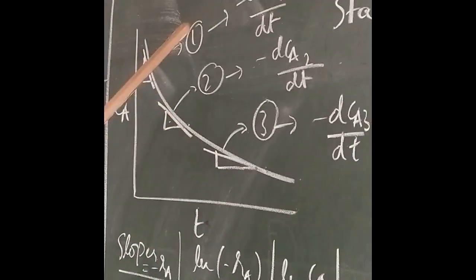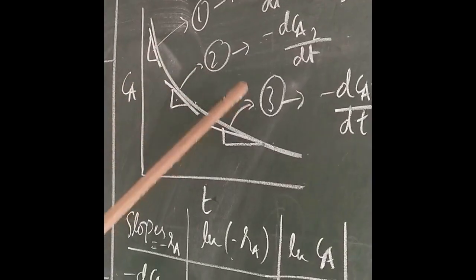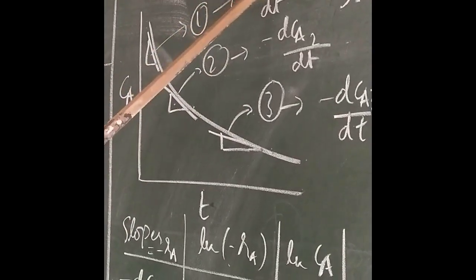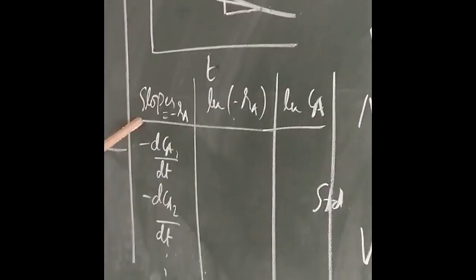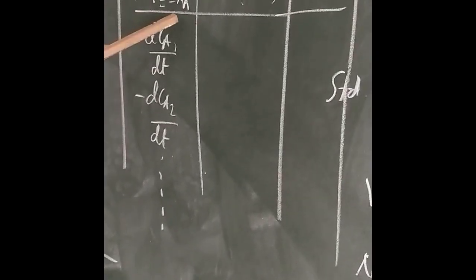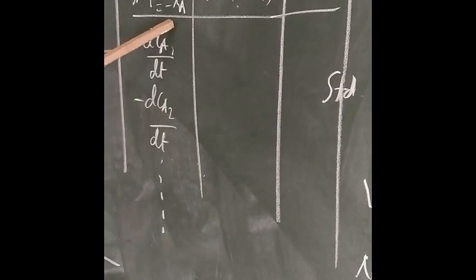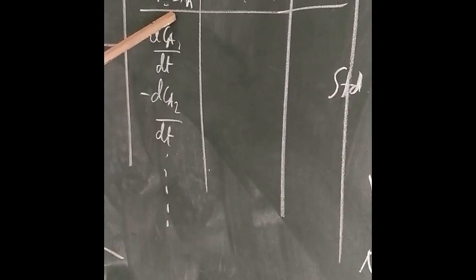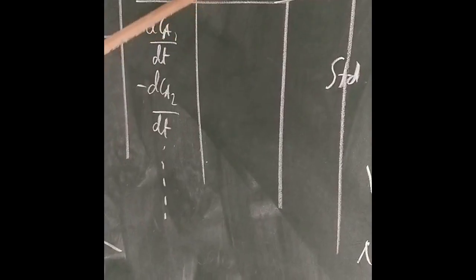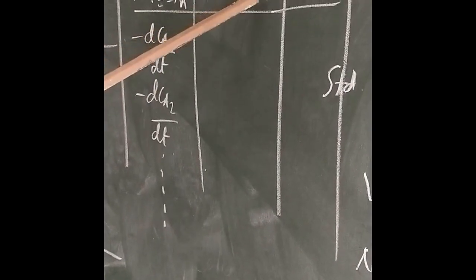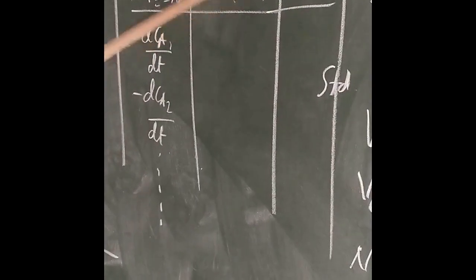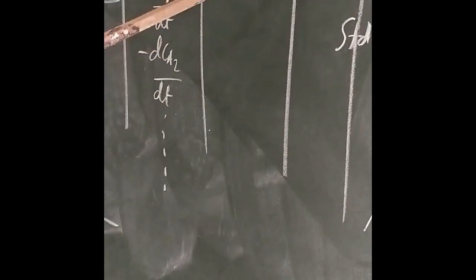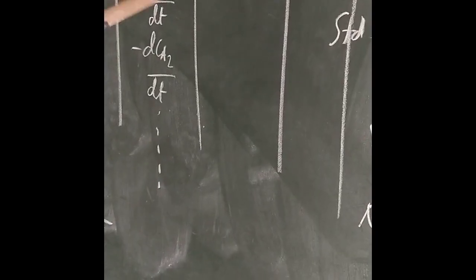We get the values of the first slope, second slope and third slope, which give you the value of minus dCA by dt. Tabulate these values, which are nothing but the minus RA values, that is, the rate values. After calculating this, we need to calculate the values of ln of minus RA and ln of CA, that is the natural logarithm of rate values versus the natural logarithm of concentration values.